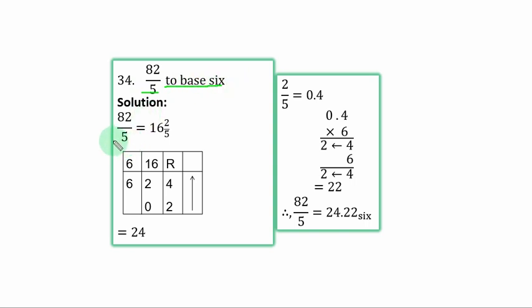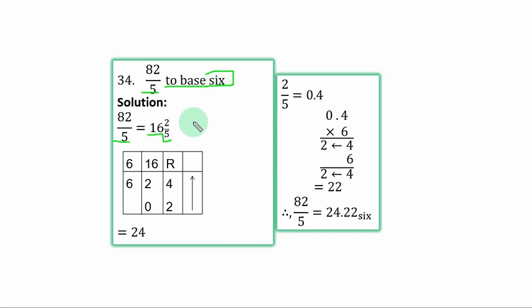So let's convert this improper fraction to a mixed fraction, in this form, where we convert the whole number part to base 6 by continuous long division, and we convert the fractional part to base 6 by continuous multiplication as well, until the last digit is 0 or you observe a repeating pattern.